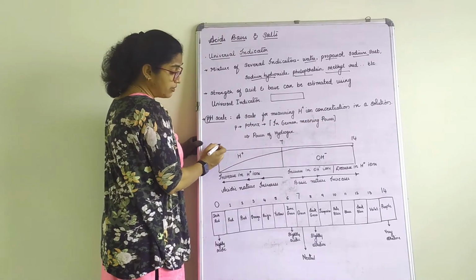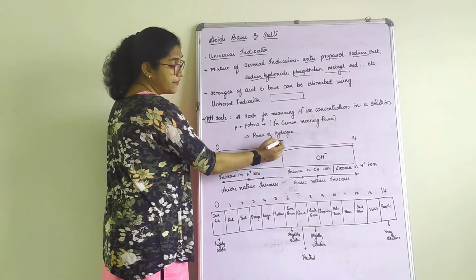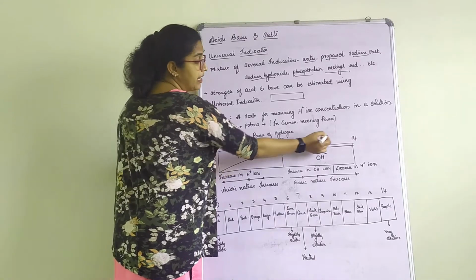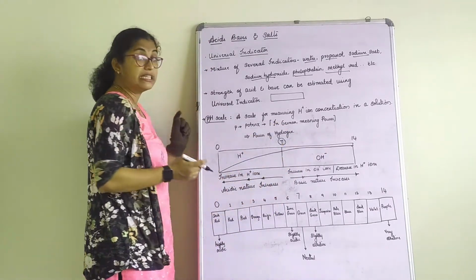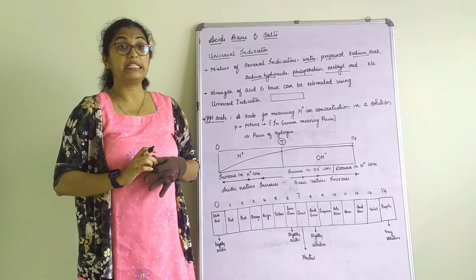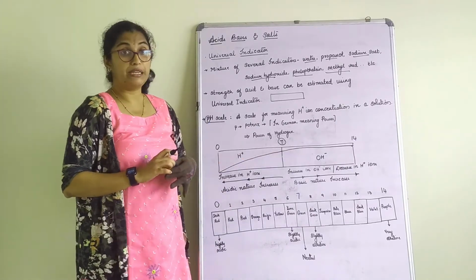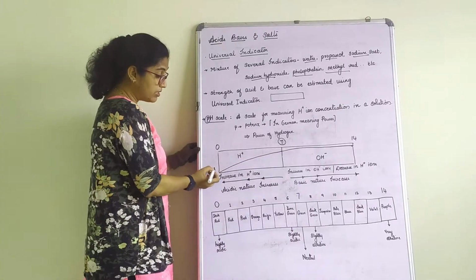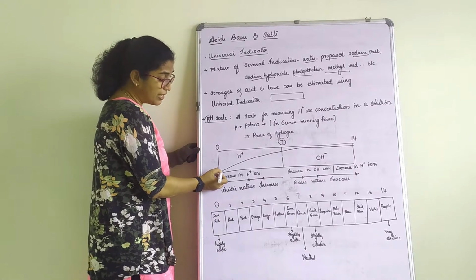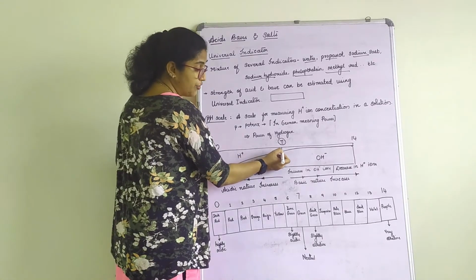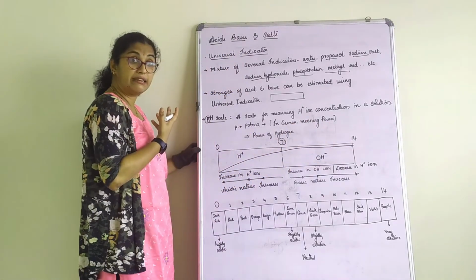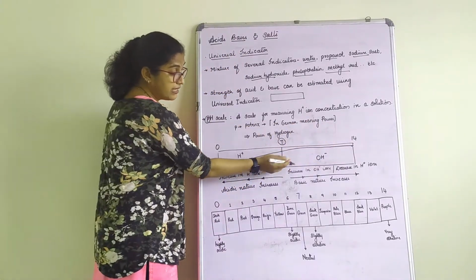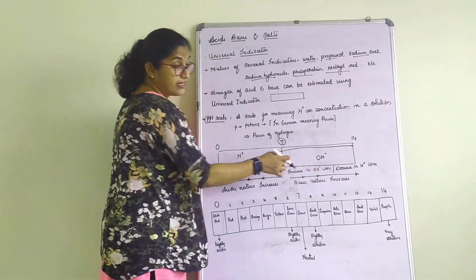When I write 0, 1, 2, 3, 4, 5, 6, 7 and onwards to 14, at the 7th point the scale is neutral. What do you mean by this? I will tell you. Now see here, H plus ions are increasing, and as it goes this side, H plus ions are decreasing. So what is increasing? OH is increasing, correct?